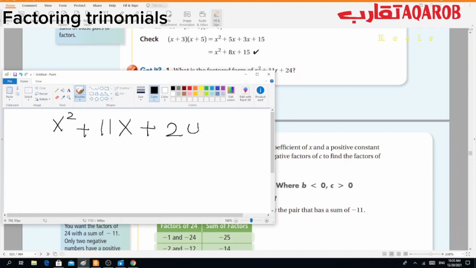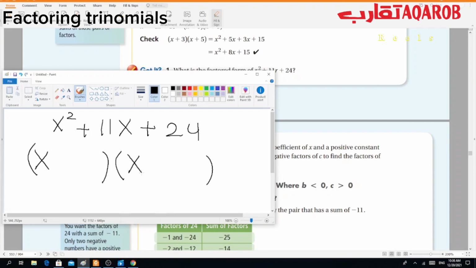Sorry, I prefer actually to always use x, okay? Now, what I will do here, they ask us to factor, so they want for us the basic binomials that are multiplied by each other. So for sure, I will open two parentheses, as you can see here. I will factor x squared, or divide it into x here, x here.